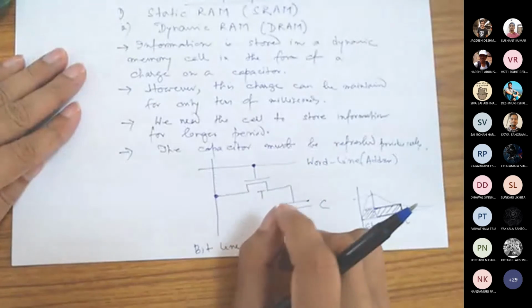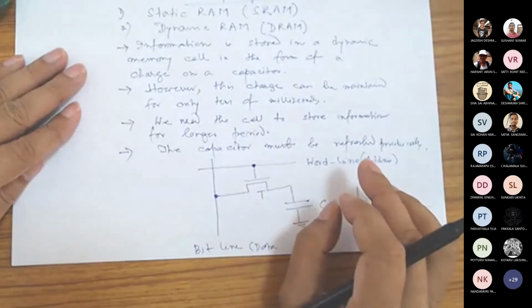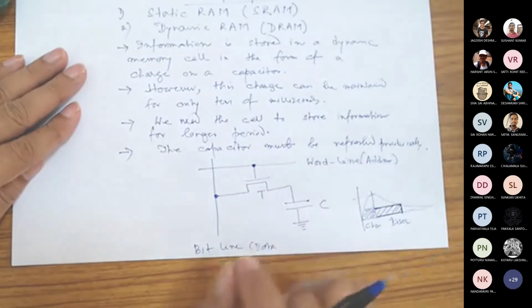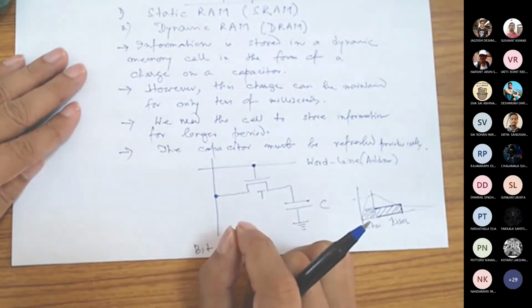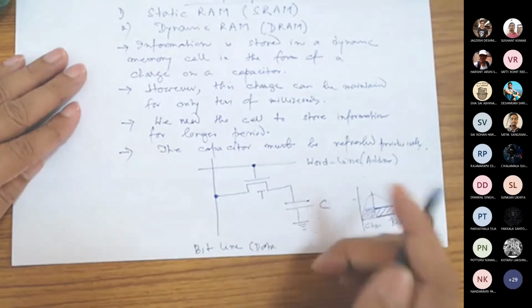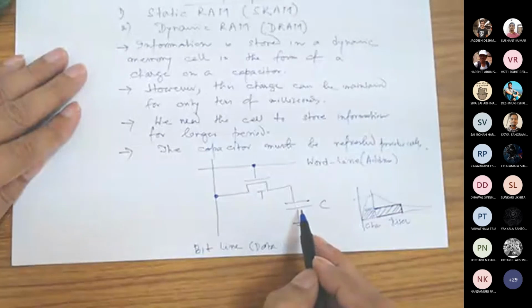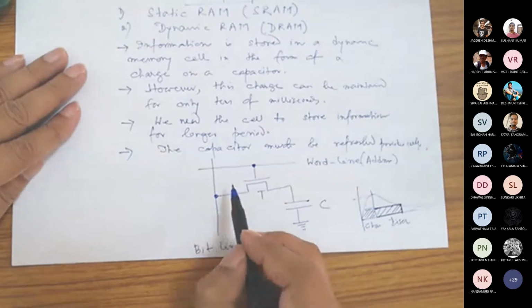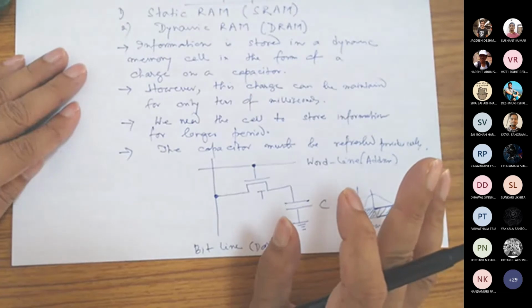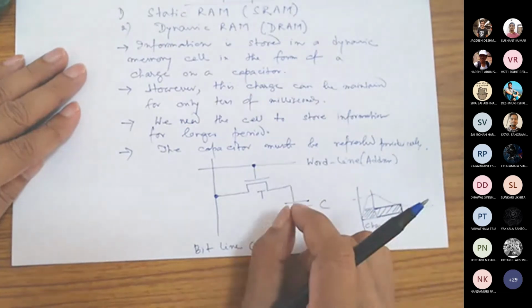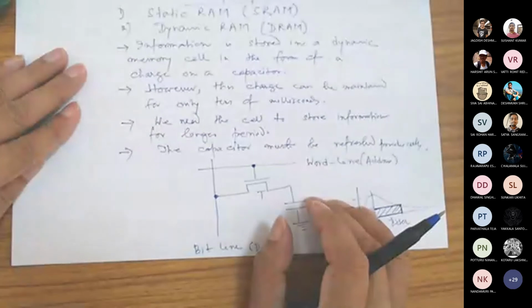One is it is slow for obvious reason, and it requires additional circuit to refresh it. You need to sense the voltage continuously and check whether it needs to be refreshed or not. With this additional circuit, you can actually maintain this.